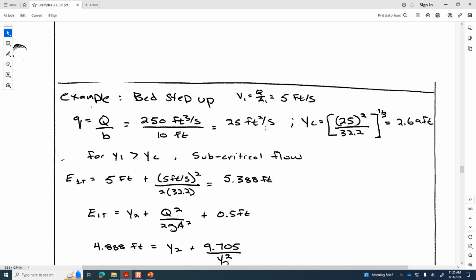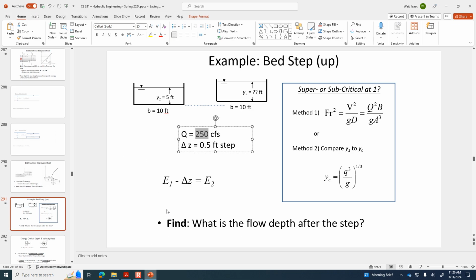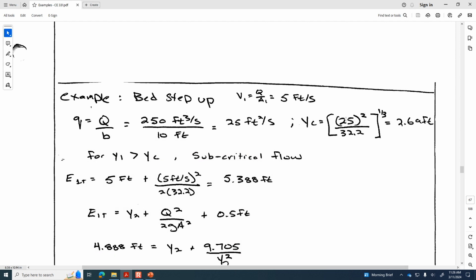And we care about that because we want to know the critical depth. The flow depth at 1 was 5 feet deep. If we compare that to the critical depth of 2.7 feet, since the flow depth of 5 feet is more than the critical depth, then the flow regime at 1 is subcritical.